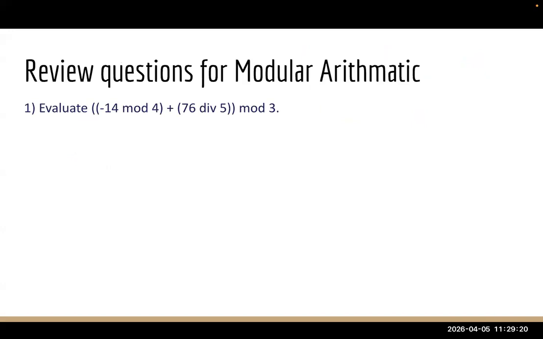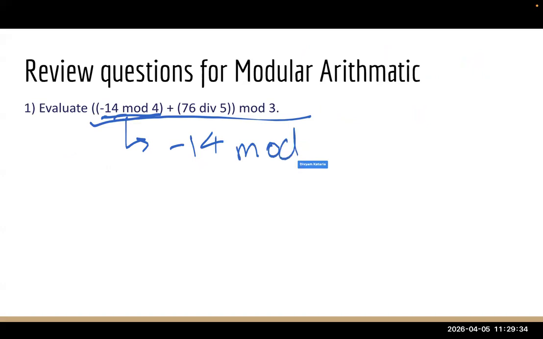So let's start with the basic one. Let's evaluate this entire equation. So let's separate this out. What is the answer for negative 14 mod 4?